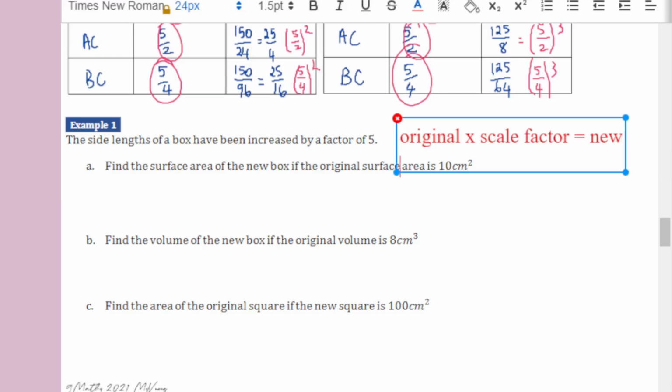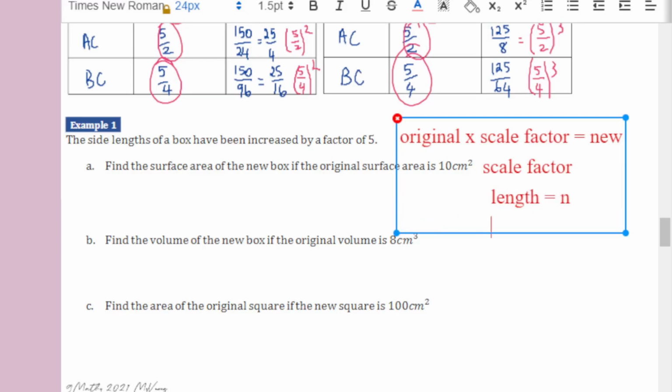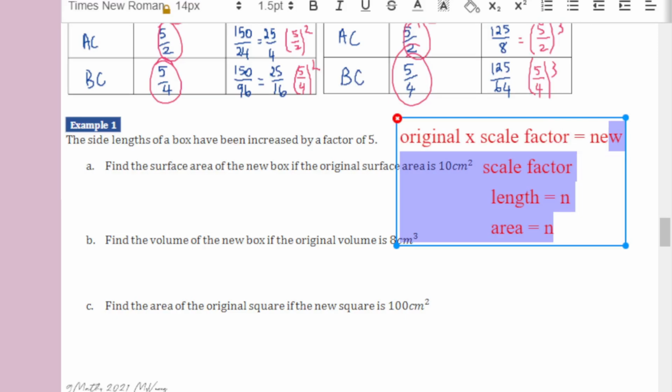And the other thing to remember is that if we let the scale factor for length equal n, then the scale factor for area we said is equal to n squared.